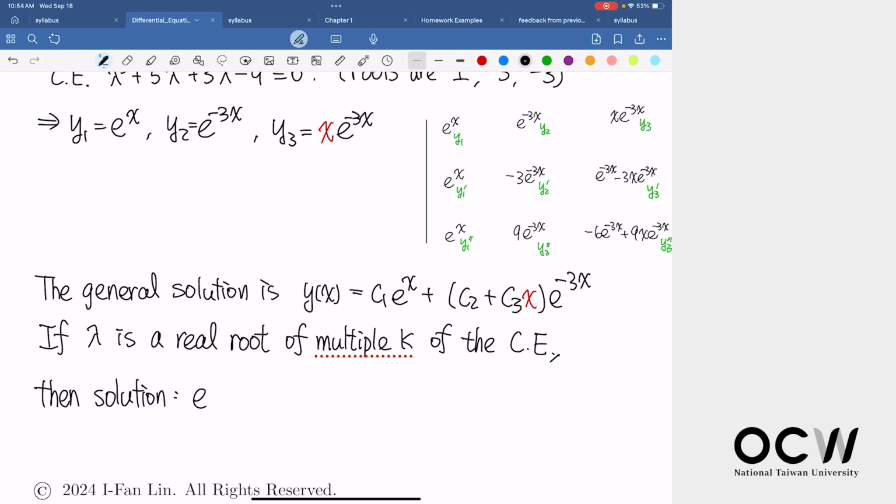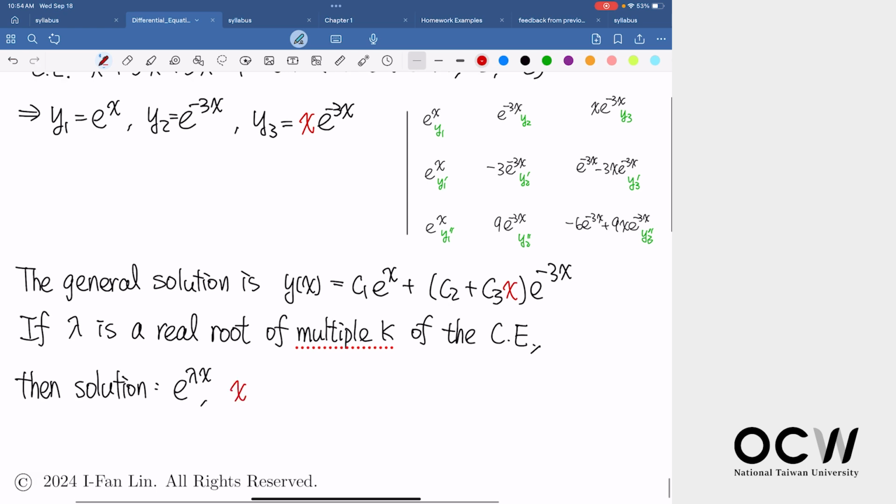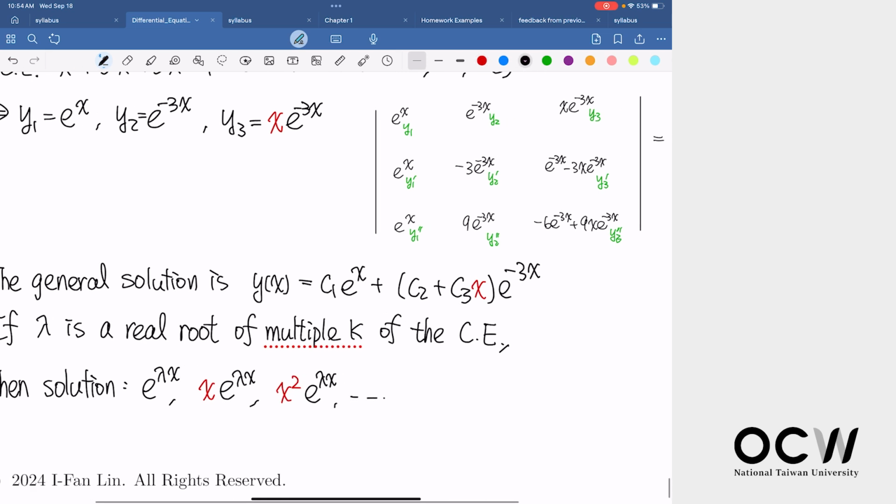The first is e to the lambda x. Then the second one will be, since it is repeated, x times e to the lambda x. Next should be x squared times e to the lambda x. And so on till the multiplicity k.